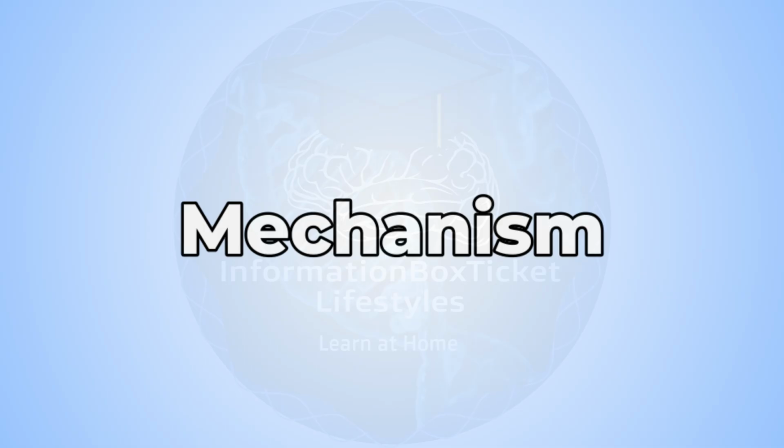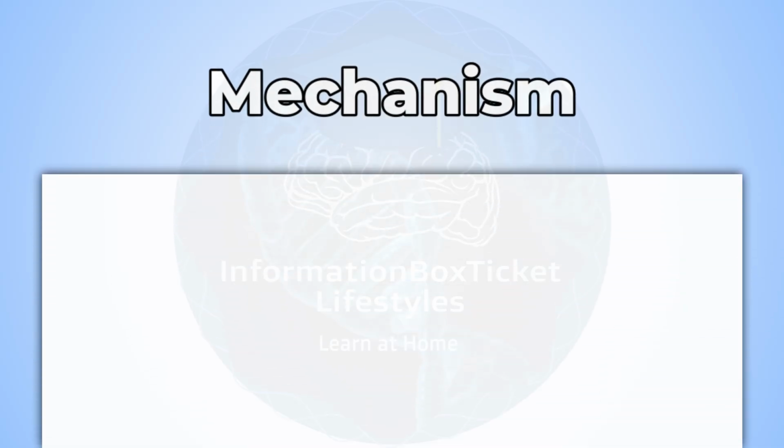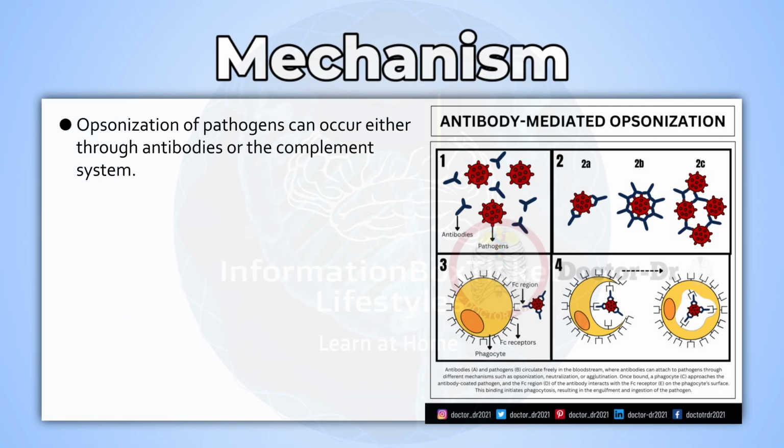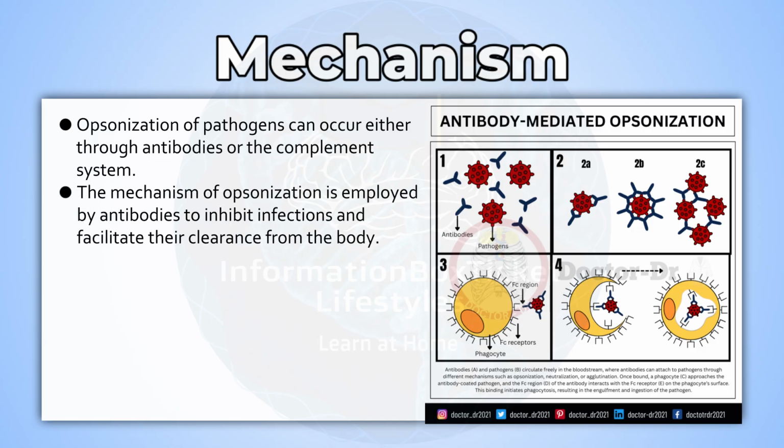Mechanism of opsonization. Opsonization of pathogens can occur either through antibodies or the complement system. The mechanism of opsonization is employed by antibodies to inhibit infections and facilitate their clearance from the body.